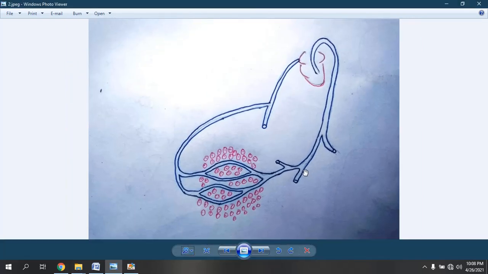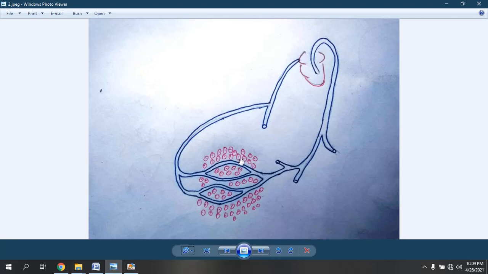We can see that when the blood comes from the arterial system towards the capillaries, from the capillaries that blood goes back to the venous system, but some of the blood is filtered over here, and the plasma goes into the interstitial spaces. After going into the interstitial space, that plasma diverts back into the capillaries, and then to the venous system, and then to the heart.